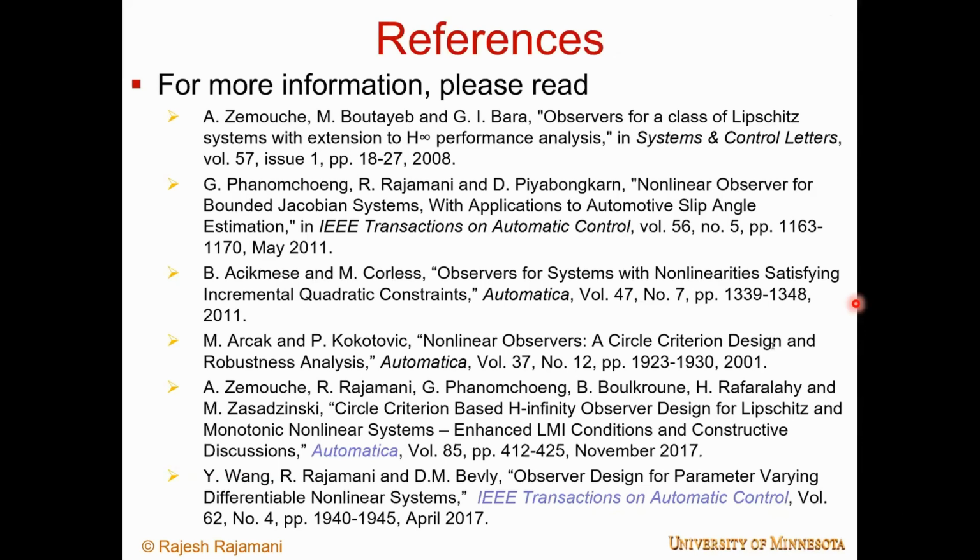So even though x dot square by itself is obviously not globally Lipschitz, if you assume that x dot is bounded, that the speed of the vehicle is bounded, then you can design the observer to be stable for a certain region of attraction. So it might not be globally stable, but it will be stable for a predefined region of attraction.